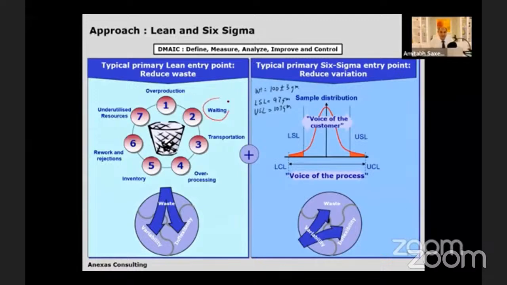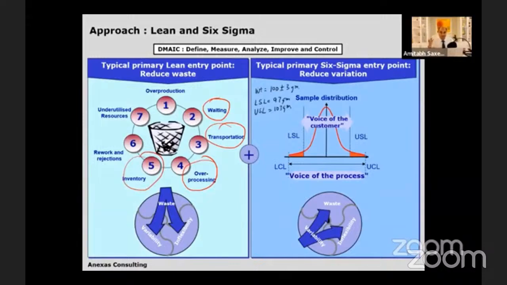Now, coming to the other wastes. So we have waiting time. I already talked about transportation, moving something from one place to another place. If the customer is not willing to pay for it, it is not adding any value, then it is a waste. Over processing, giving the customer more than required, is a waste. Inventory, work in process inventory or finished good inventory or raw material inventory.